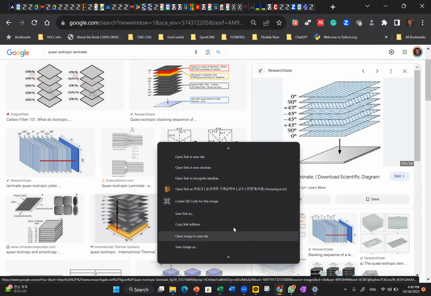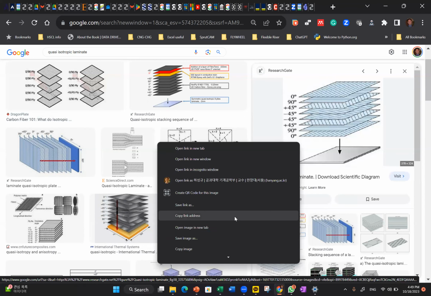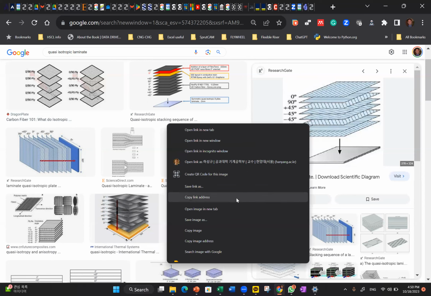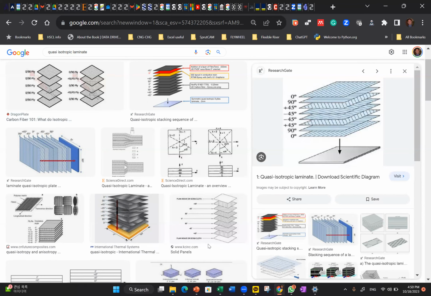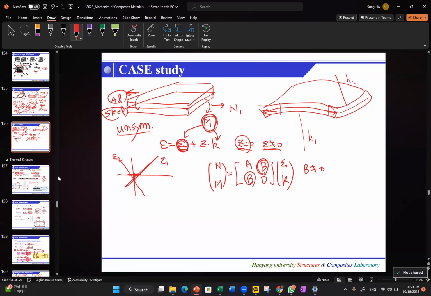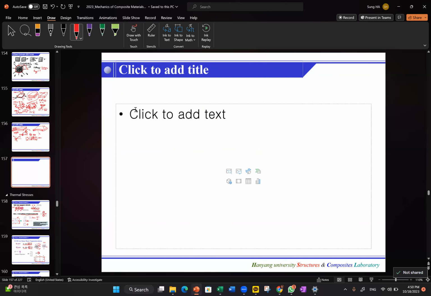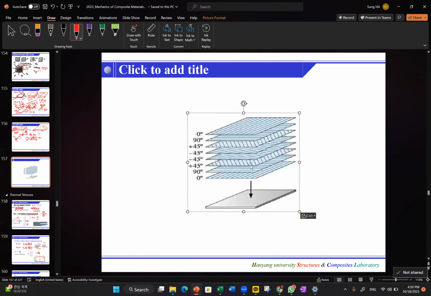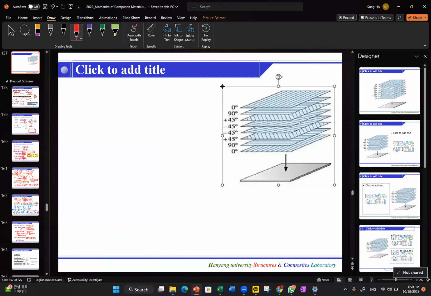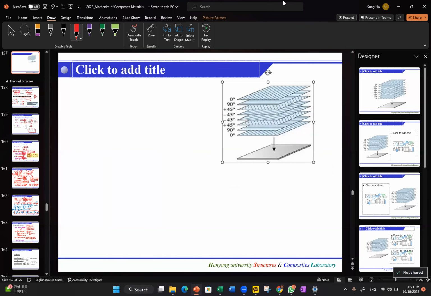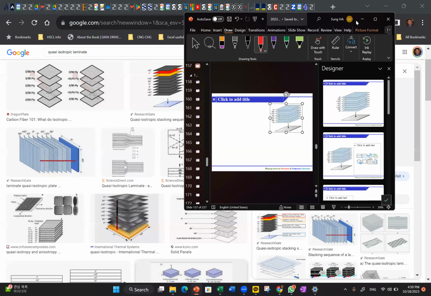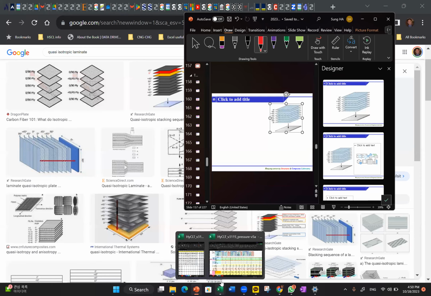And even for this quasi-isotropic laminate, by derivation it is very complicated, but using this tool will be very simple and straightforward.